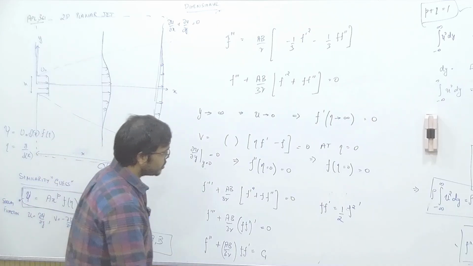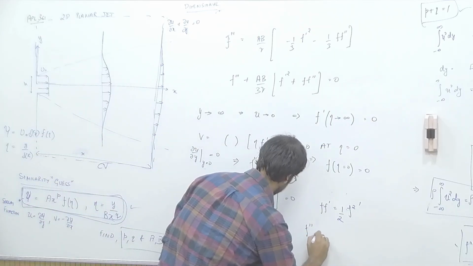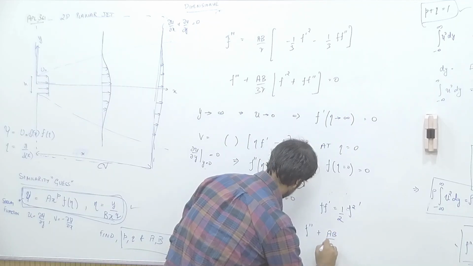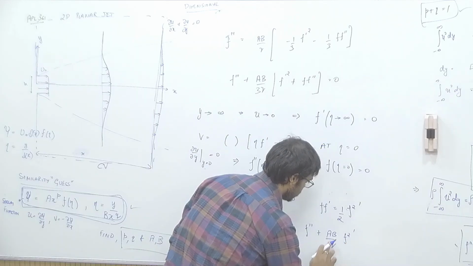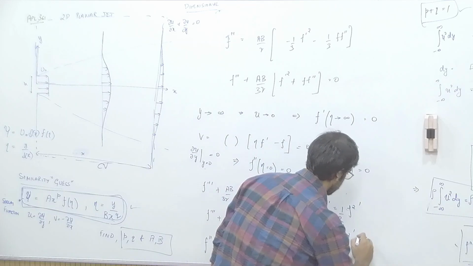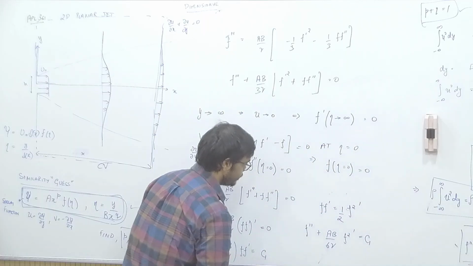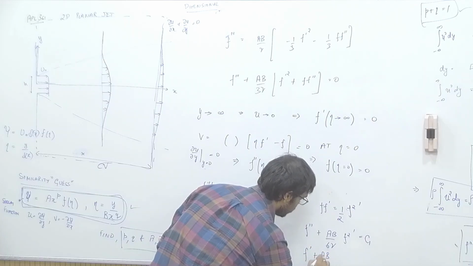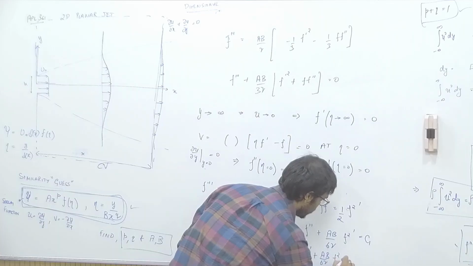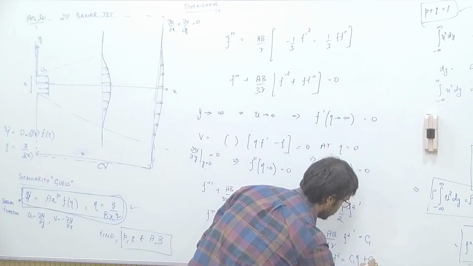So, we have f double prime plus AB by 6 nu f square prime equals C1, and then f prime plus AB by 6 nu f square is C1 eta plus C2.